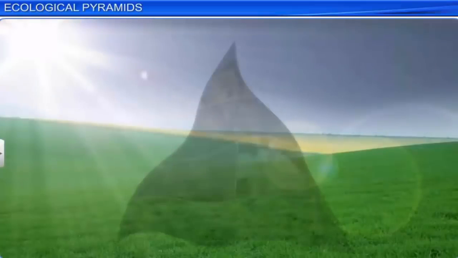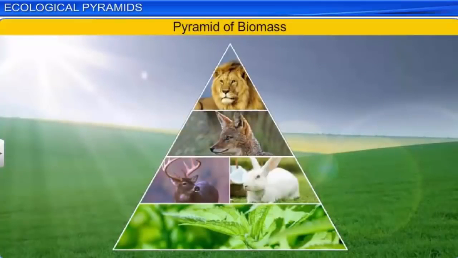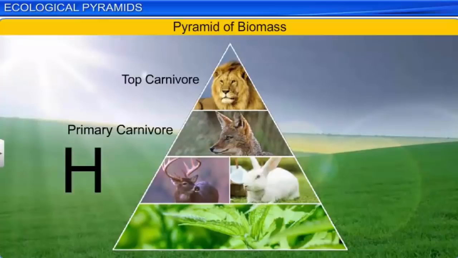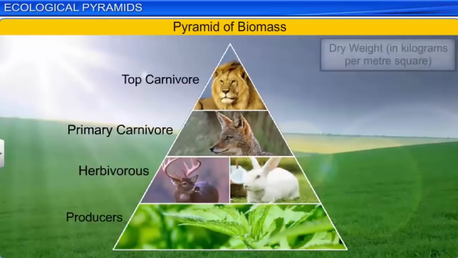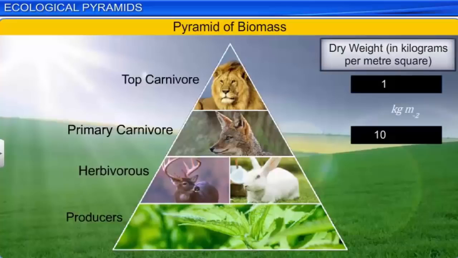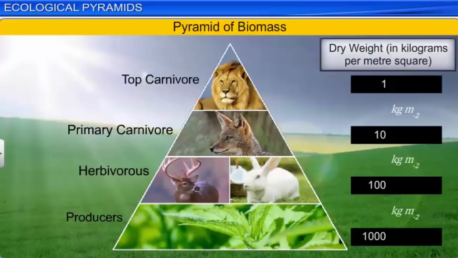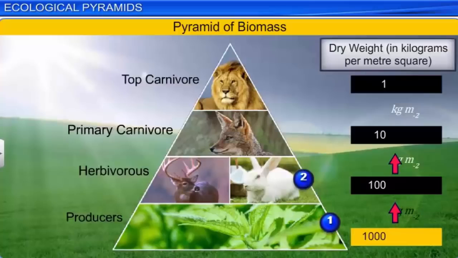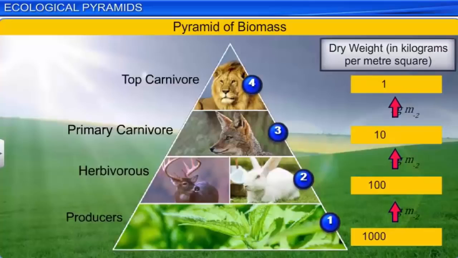Now, let's learn about the pyramid of biomass, which is a graphic representation of biomass present per unit area in each trophic level in an ecosystem. In a terrestrial ecosystem, producers have maximum biomass, which decreases progressively from lower to higher trophic levels.